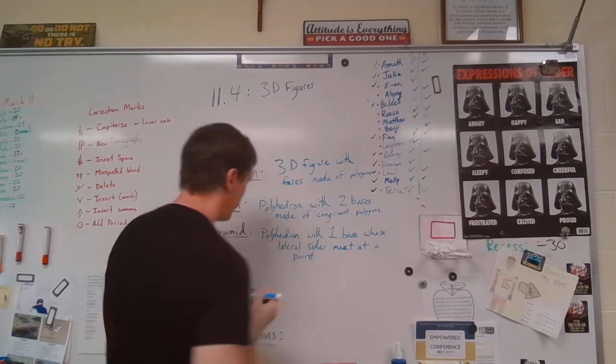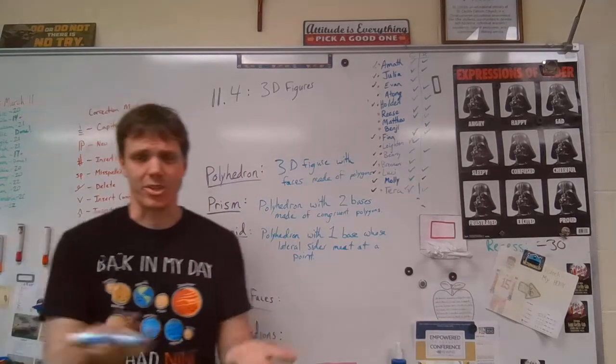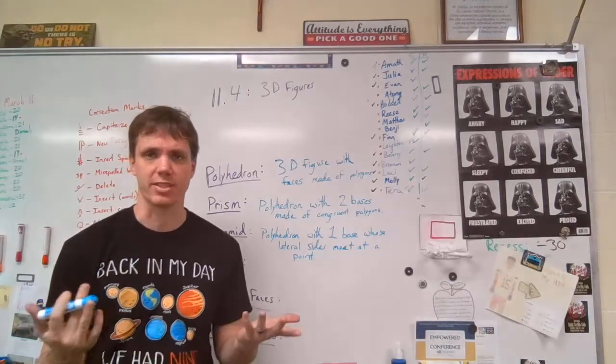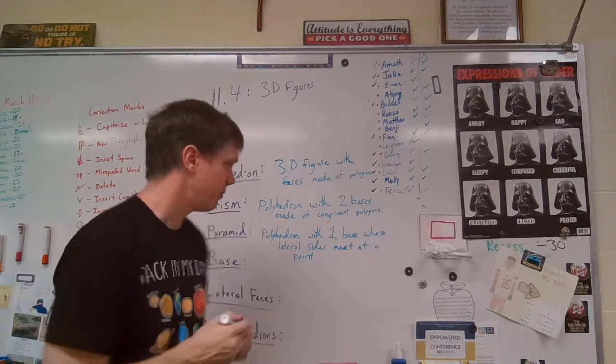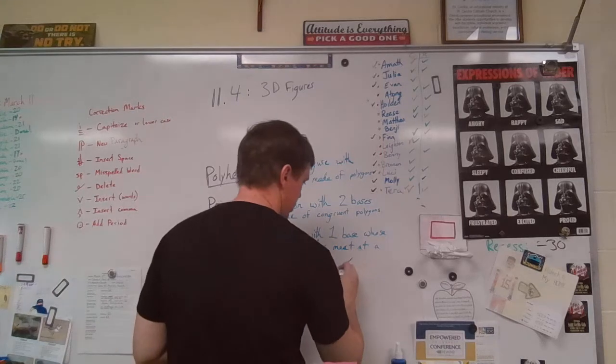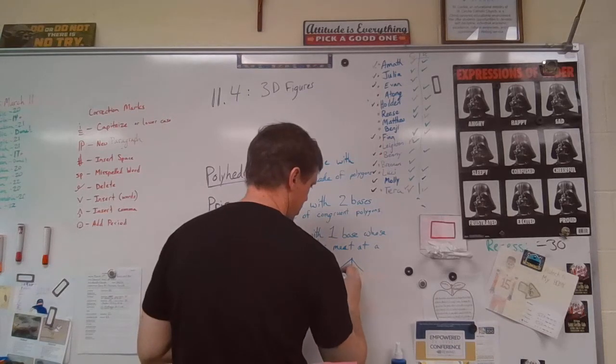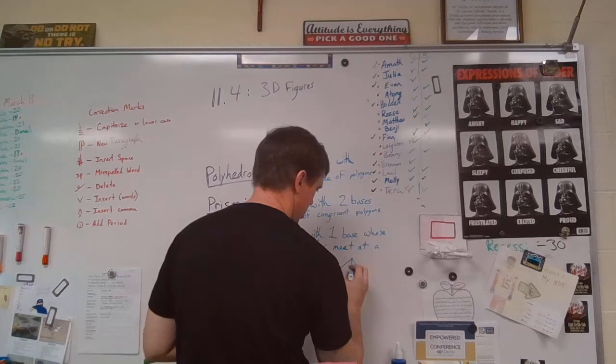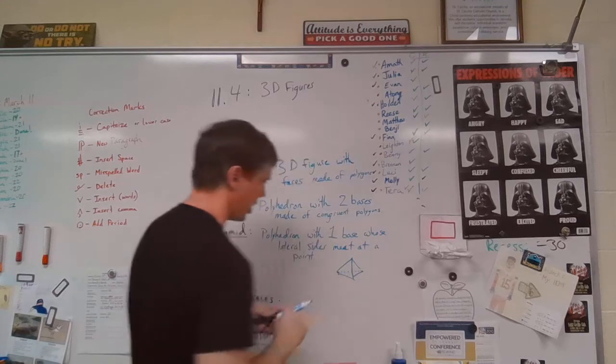Okay, so you guys all know what pyramids are. When you think of the pyramids in Egypt and things like that. Same idea, right? So a pyramid is that sort of shape, right?